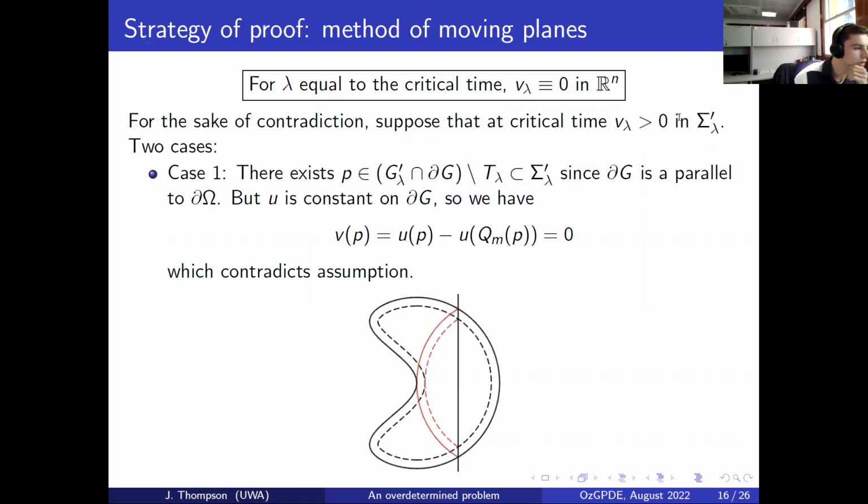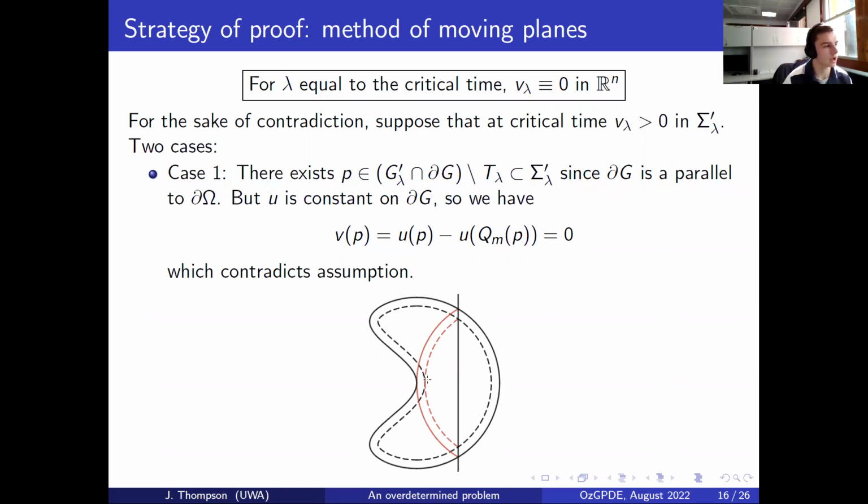So in case 1, we become internally tangent at this point, because the boundary of G is parallel to the boundary of omega, the reflected part of the boundary of G becomes internally tangent to the boundary of G at this point.